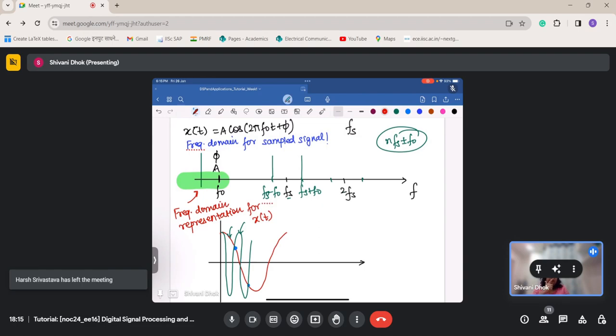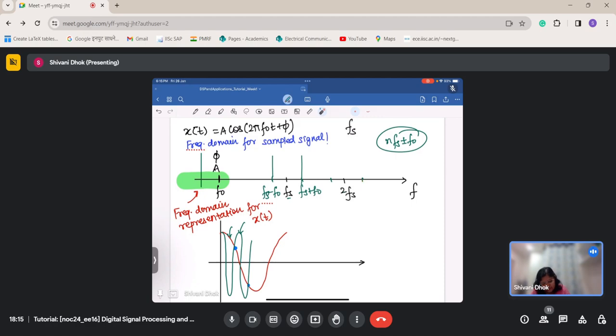Now when I have sampled the signal, after processing I need to reconstruct back the original signal. For that, I need to pass this through a low pass filter, that is, just preserve this much of the frequency domain representation and make all these zeros.